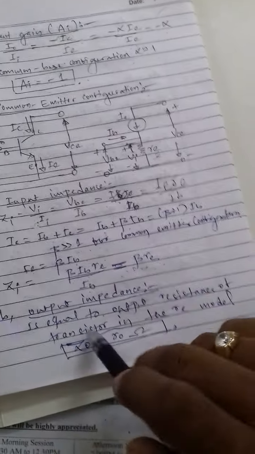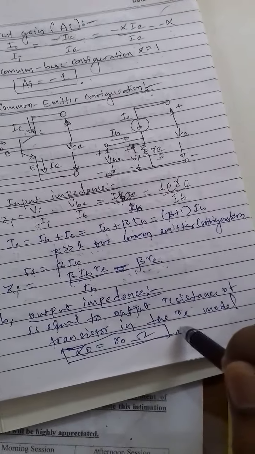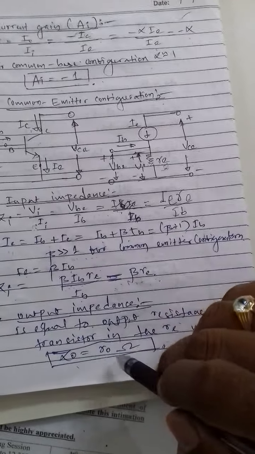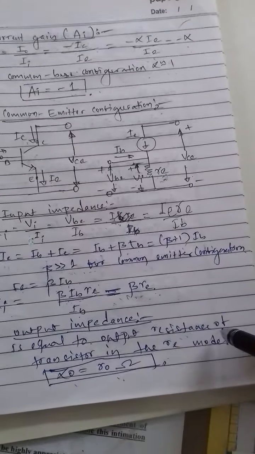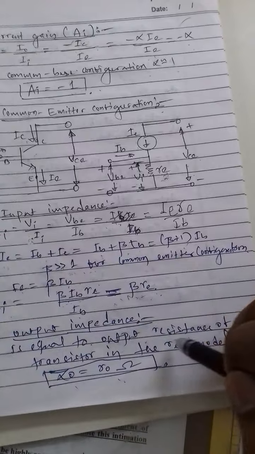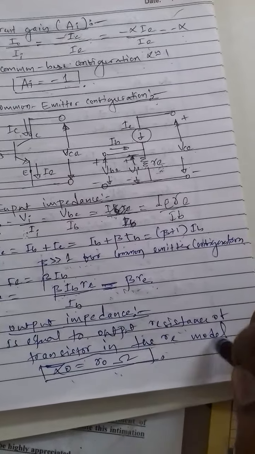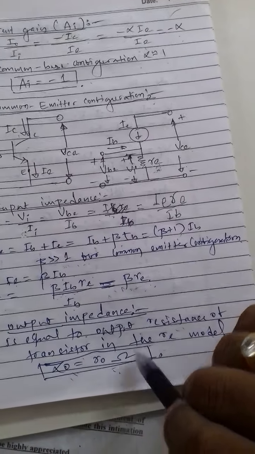The output impedance is equal to the output resistance of the transistor in the RE model, so the output impedance Zo is equal to Ro, the output resistance of the transistor in the RE model. From that, Zo is equal to Ro ohms.